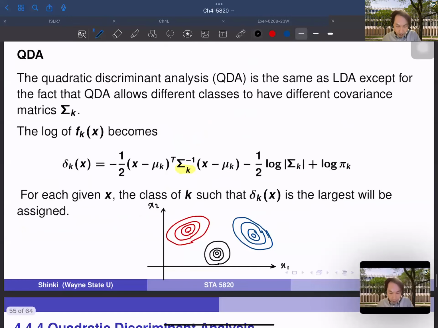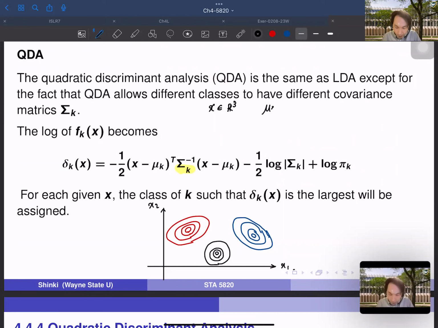Suppose that X is, for example, R3, so three predictors. The graph shows two predictors, but suppose we have three. How many parameters are there?